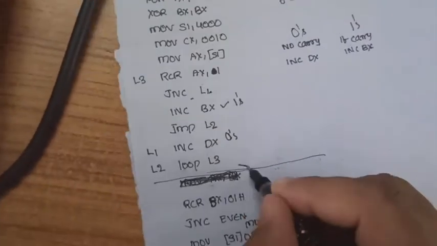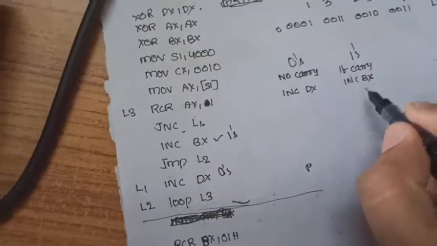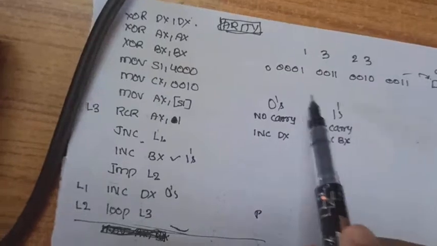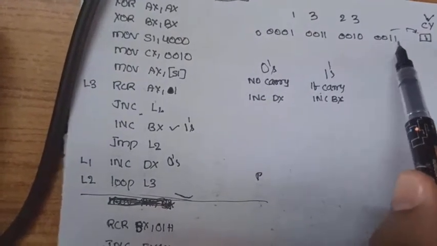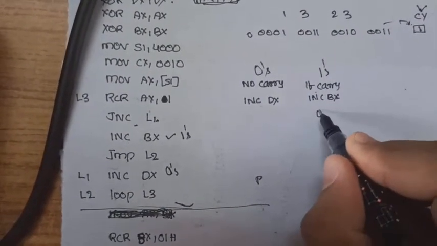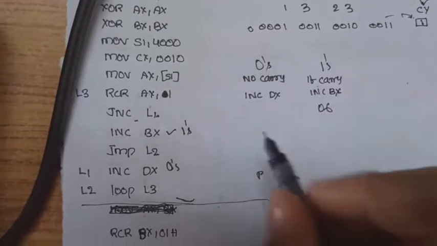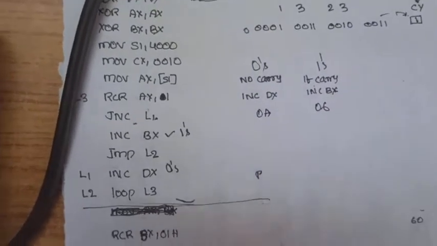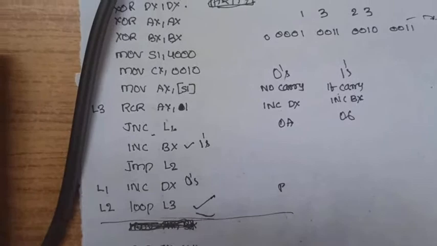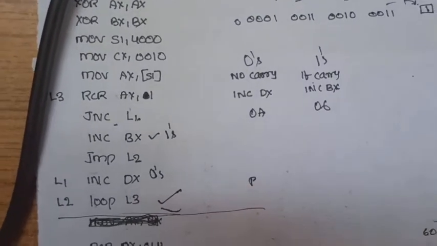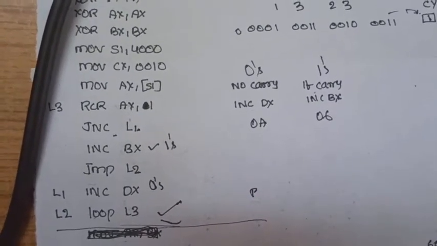Up to this point, suppose in this program BX equals 06 and DX equals 0A. After execution of these instructions, we get BX equal to 6 and DX equal to A.